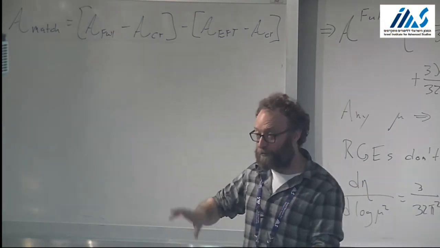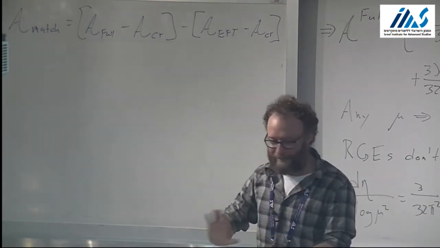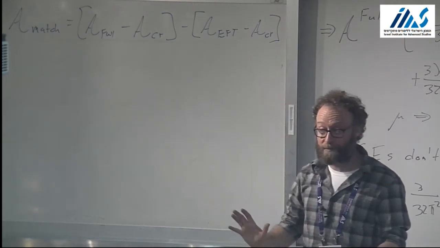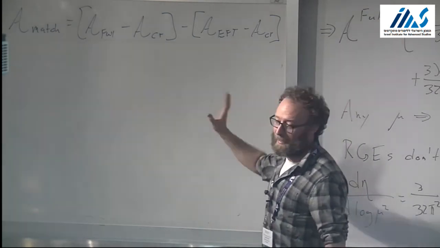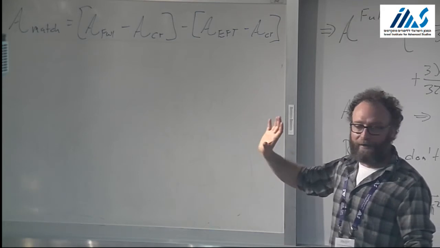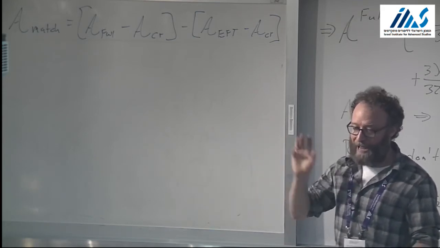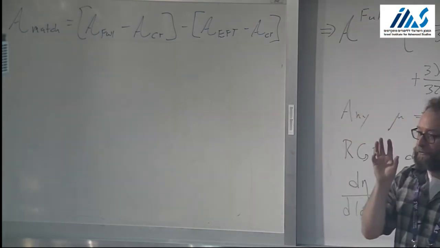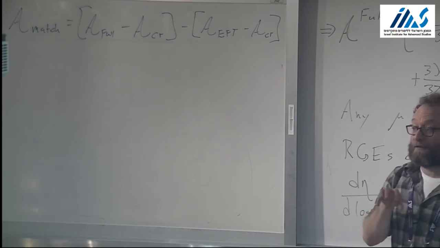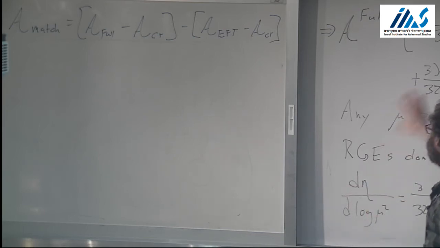So you just have to be careful about the scheme choice you make. It looks really funny. It looks like you're mixing schemes, okay? But what we're going to do, and again, we're avoiding all of this here, but in practice what you have to do is tack on on-shell wave function factors for all your external legs to take into account LSZ at one loop. But then you can use MS bar for all the couplings, okay? It looks very funny, but that's what you do to get the right answer.